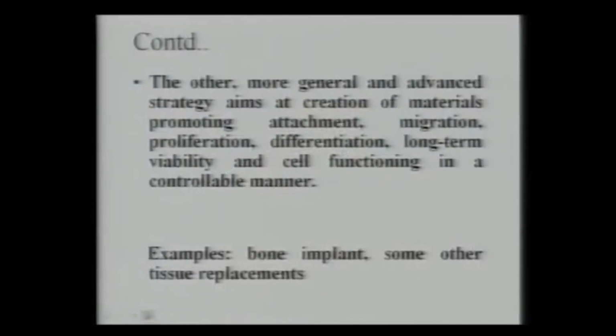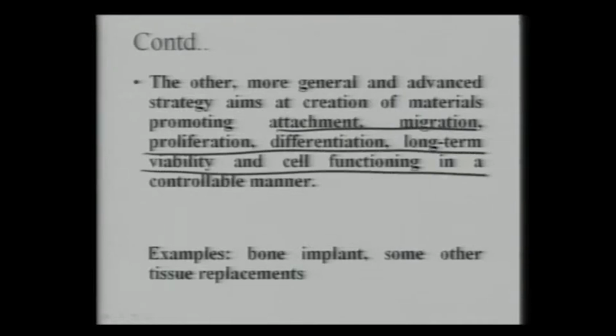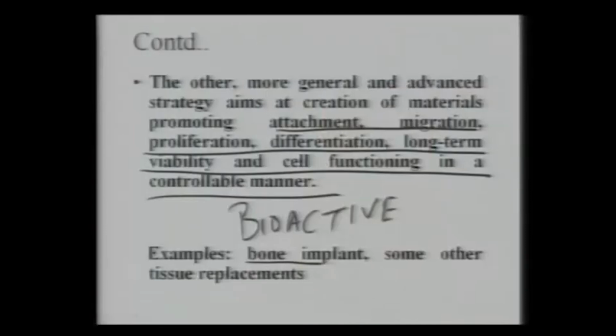Now this is the other, more general or advanced strategy, which aims at the creation of materials promoting attachment, migration, proliferation, differentiation, long term viability, and cell functioning in a controllable manner. That is the other class of biomaterials, called bioactive materials, and these essentially belong to the family of hydroxyapatite or calcium phosphate type materials, and they are used as bone implants or in some other tissue replacement applications.